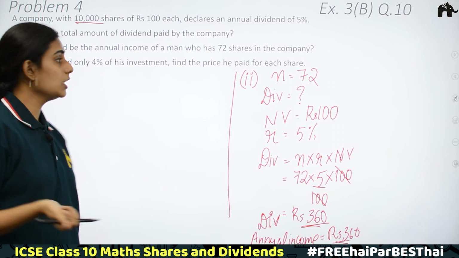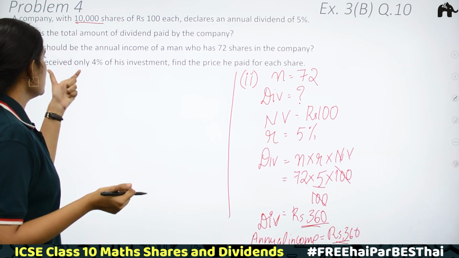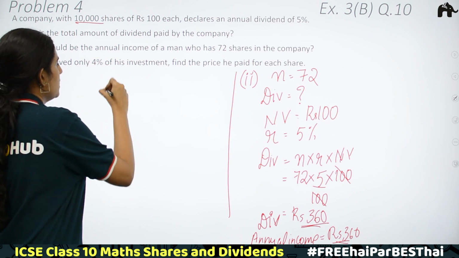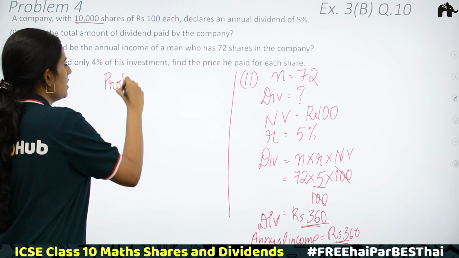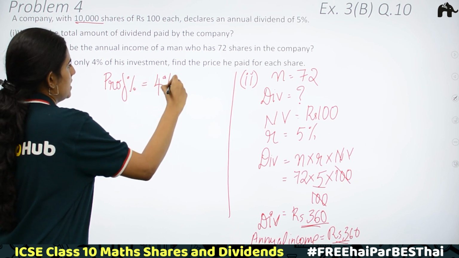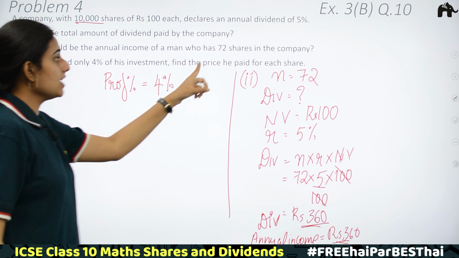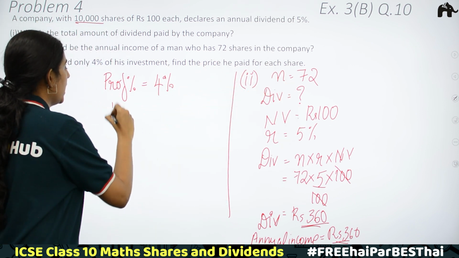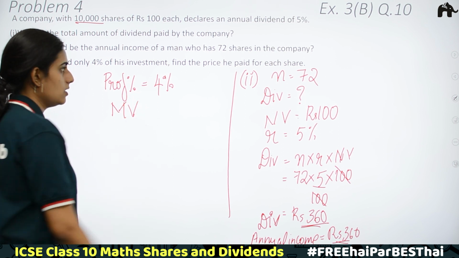Now the third part. If he received only 4% of his investment, which means profit percentage is given, profit percentage is equal to 4%. Find the price he paid for each share. We need to find the market value.